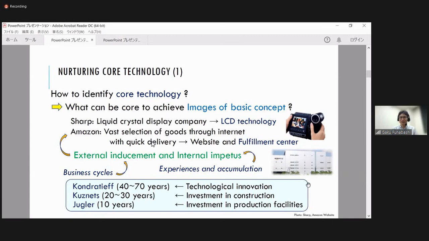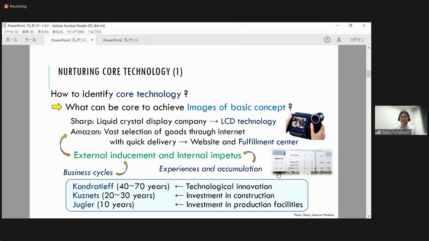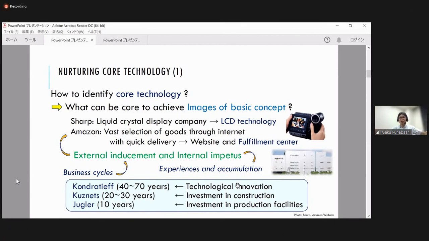Why do they establish this kind of distribution center? Because with this kind of distribution center, of course, it costs a lot, but later you can save a lot of money when delivering. Now, for ordinary e-commerce company, customer have to order the different product to different shops. So each shop send the products to the customers separately.